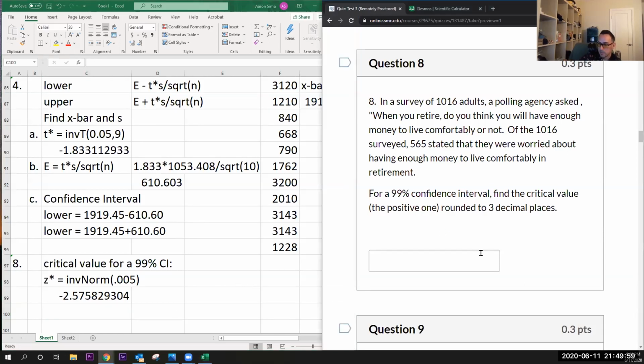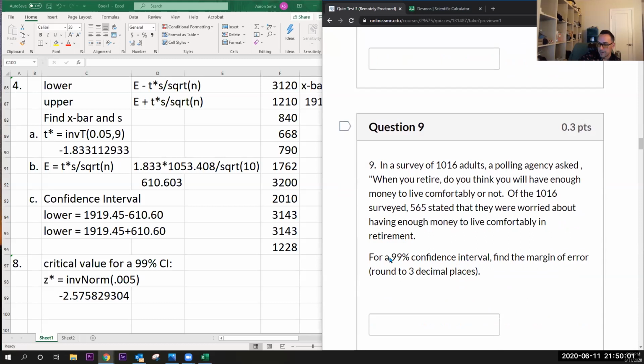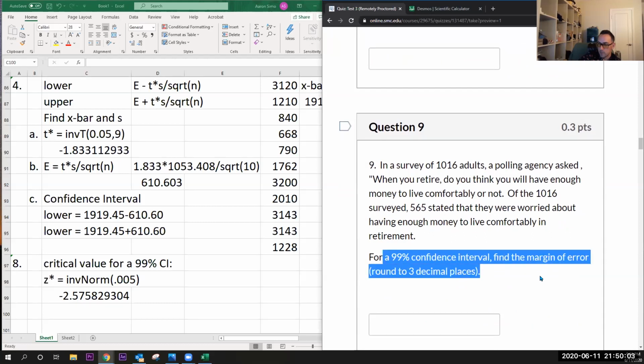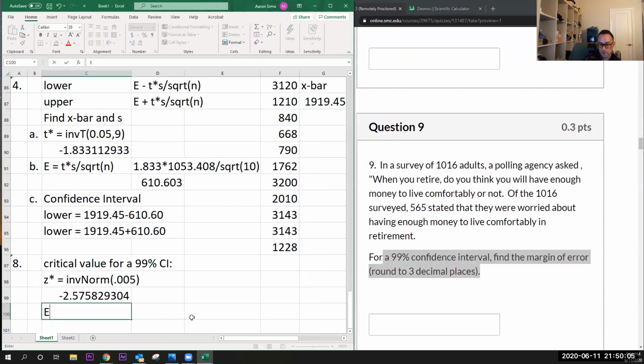And then for 9, it says for a 99% confidence interval, find the margin of error. Now for this margin of error, it's going to be equal to Z star times the square root of P(1 minus P) over N, I think. Or is it P hat?